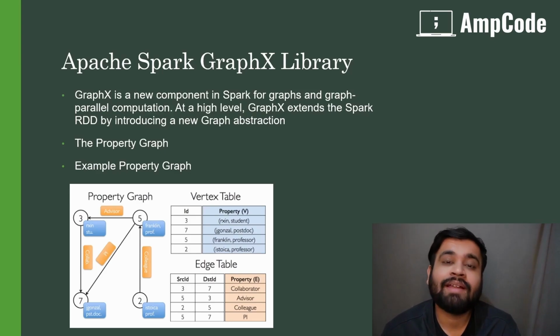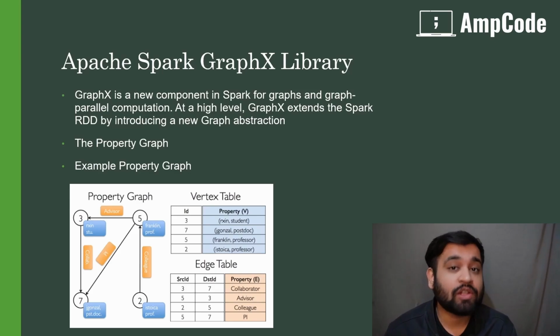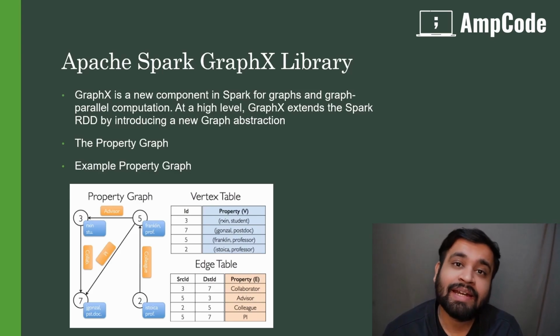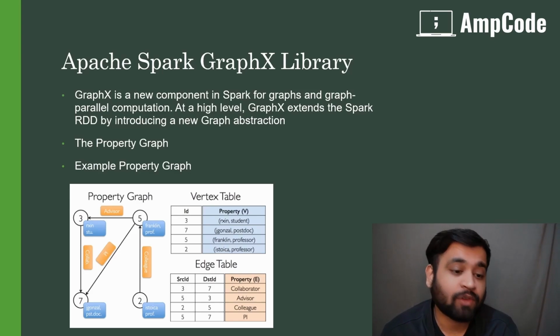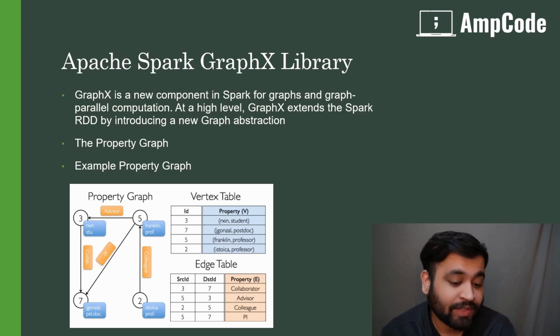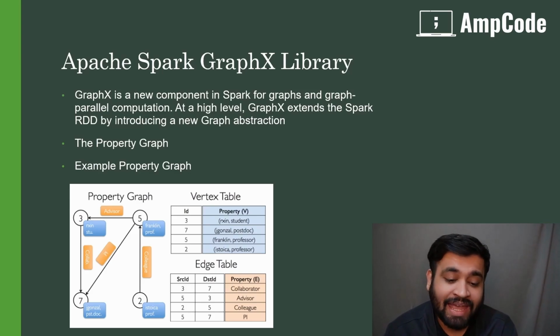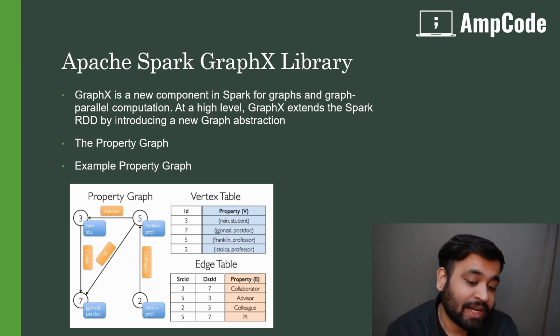The property graph consists of vertices and edges, which are also represented as nodes and relationships. It is a directed multigraph which consists of these nodes and relationships. As you can see in this figure, we have the vertex table which has the data of all the vertices, and the edge table which has all the data of the edges.